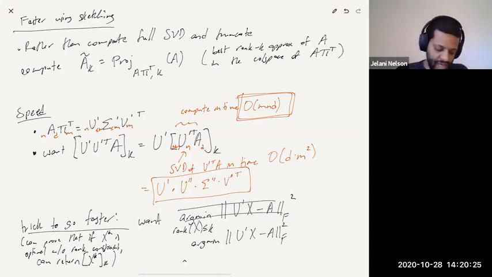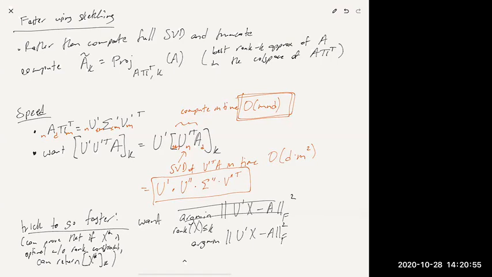And what we did above is basically trying to solve this kind of minimization problem exactly, to find the best thing in the column space of U prime. But I claim that if you want to go faster, don't solve this thing exactly. Observe that it looks a lot like something we already know how to do. It's not exactly something we saw, but it's very similar to something we saw. In least squares? Yeah, it's basically least squares, right? I mean, what is this?